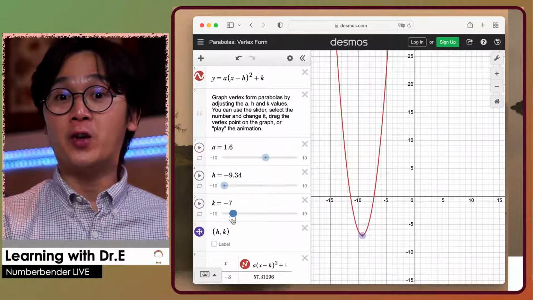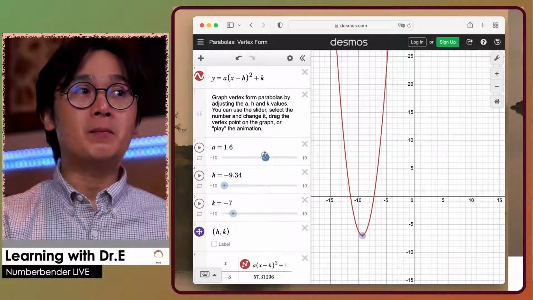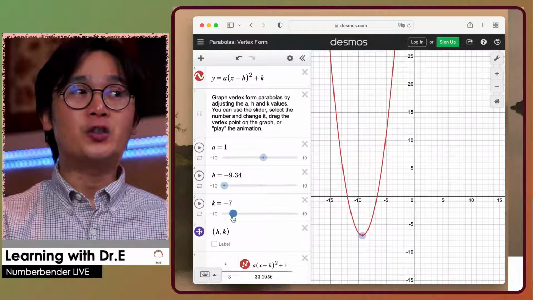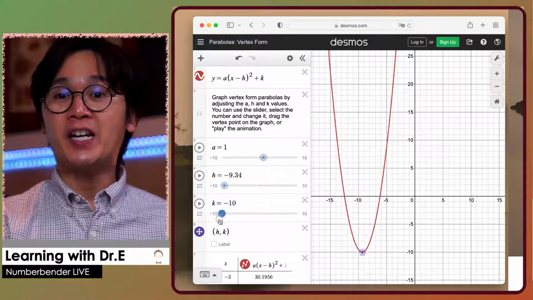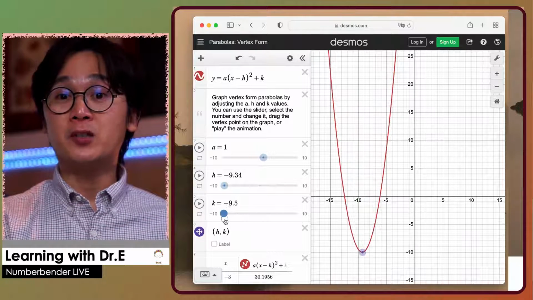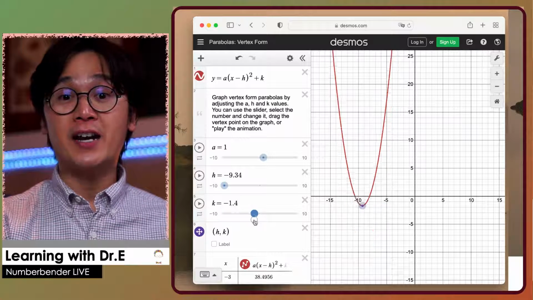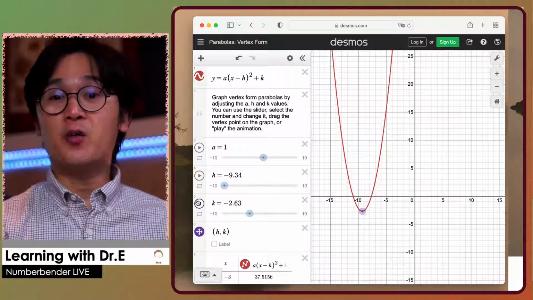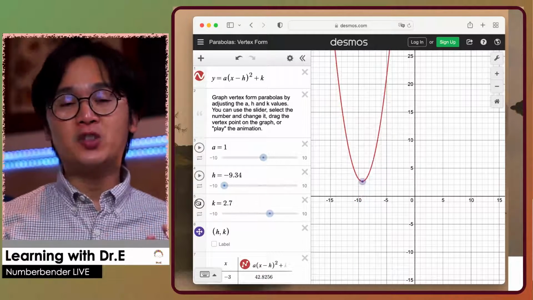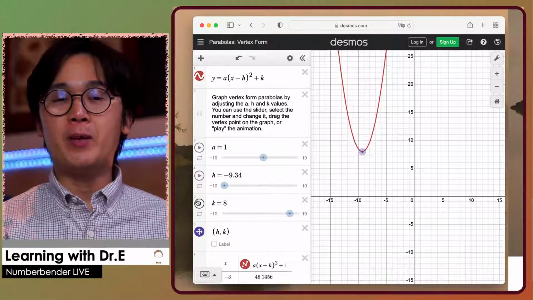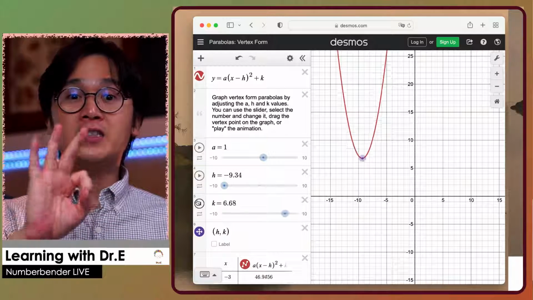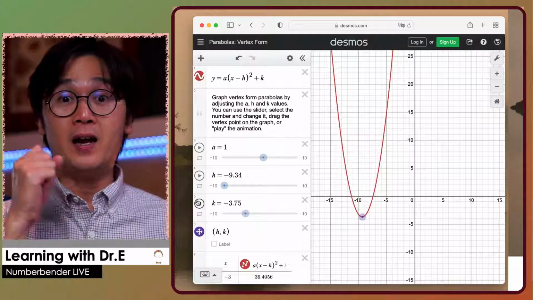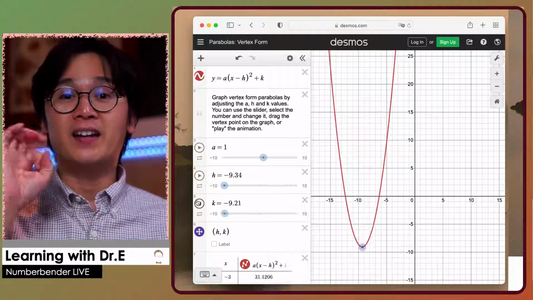Now, the opening of your parabola will be determined by how your a is changing. So remember that your constant k is just transforming the position of your parabola, but not the direction in which your parabola is opening. So this is how we are seeing the transformation of our parabola by changing the three constants that we are seeing in the vertex form of the parabola: a, h, and k.